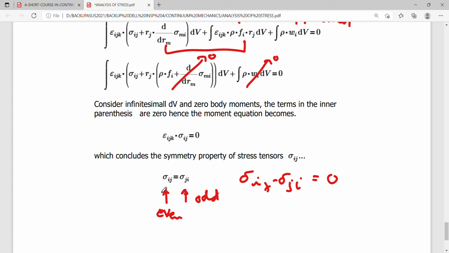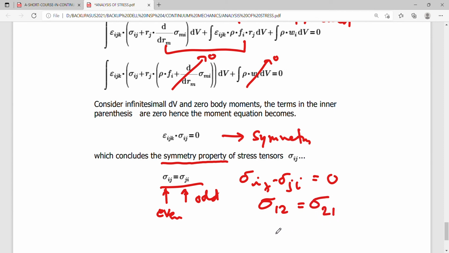So this is equivalent to this equation here, such that if I expand this, this simply means that my sigma, upon which there is no repetition of subscript, will involve symmetry. So we are now concluding a property of symmetry in this equation, which means that this is equal to sigma 2 1.